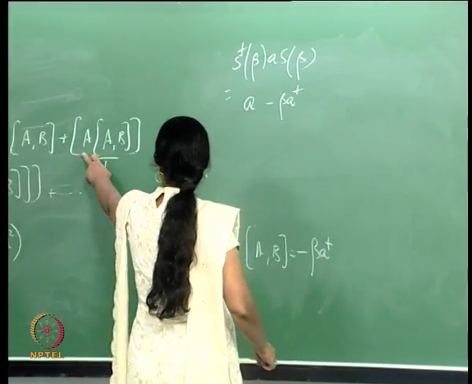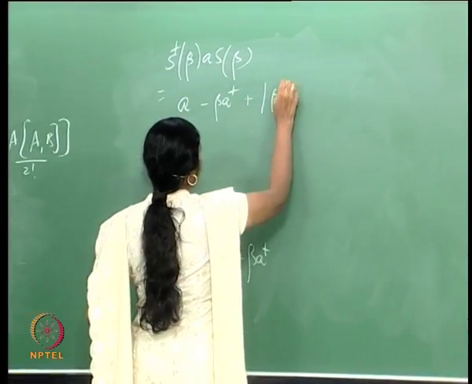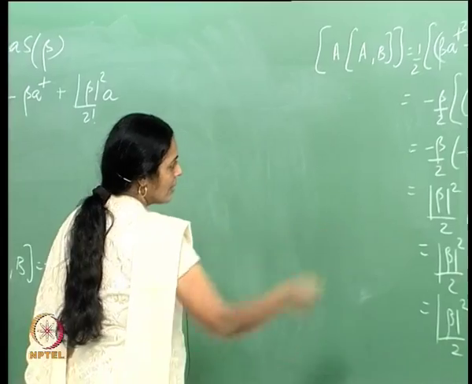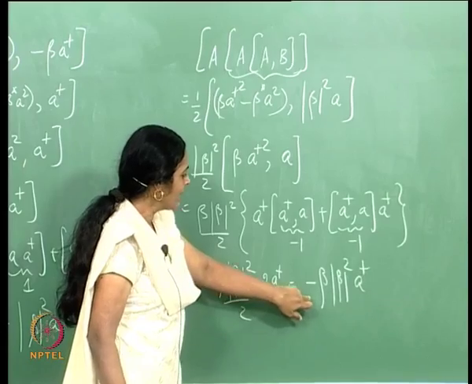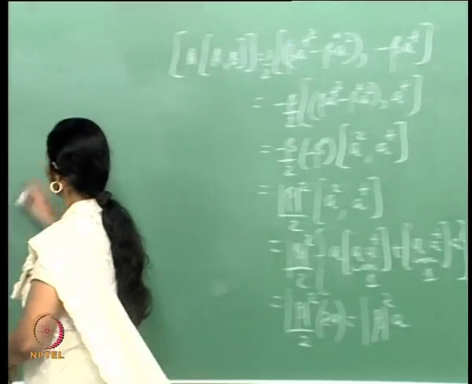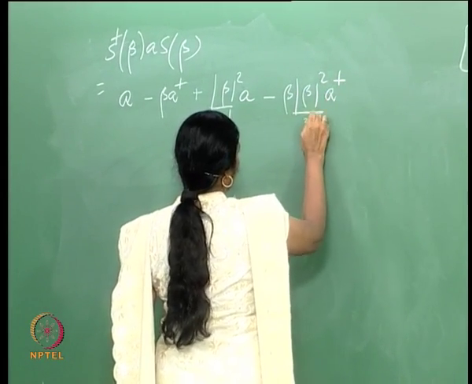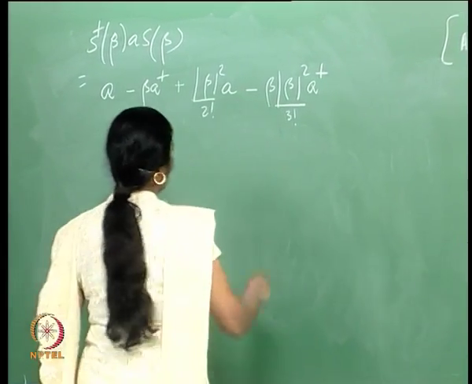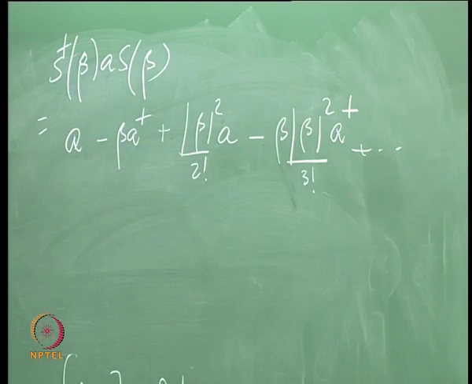Then I have plus commutator of A with B by 2 factorial, and that is out there, plus mod beta squared by 2 factorial A, and then I have that commutator of A with B, that gives me a minus beta mod beta squared A dagger that comes with a 3 factorial, and so on.